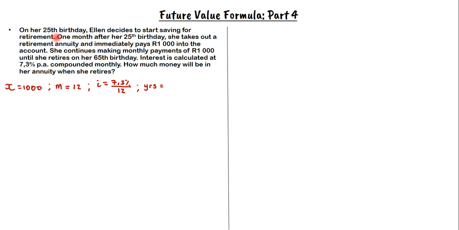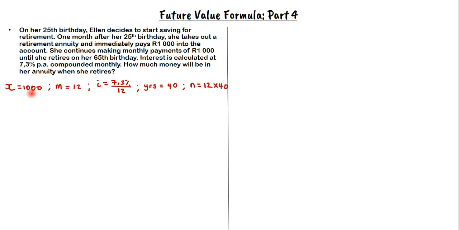So the difference between 25 and 65 is 40 years, which means the number of years is 40. The last part is how many payments or savings Ellen made, and that will be N. To get N, we take 12 and multiply by 40.